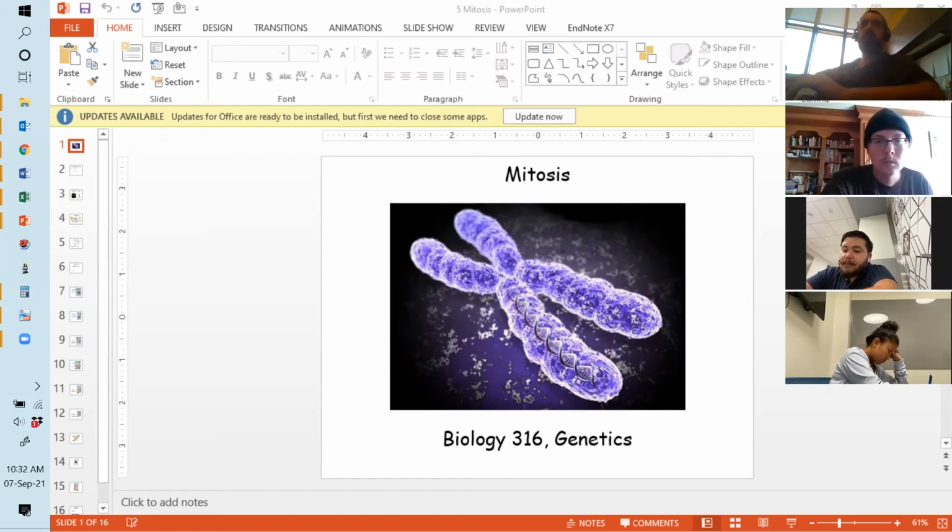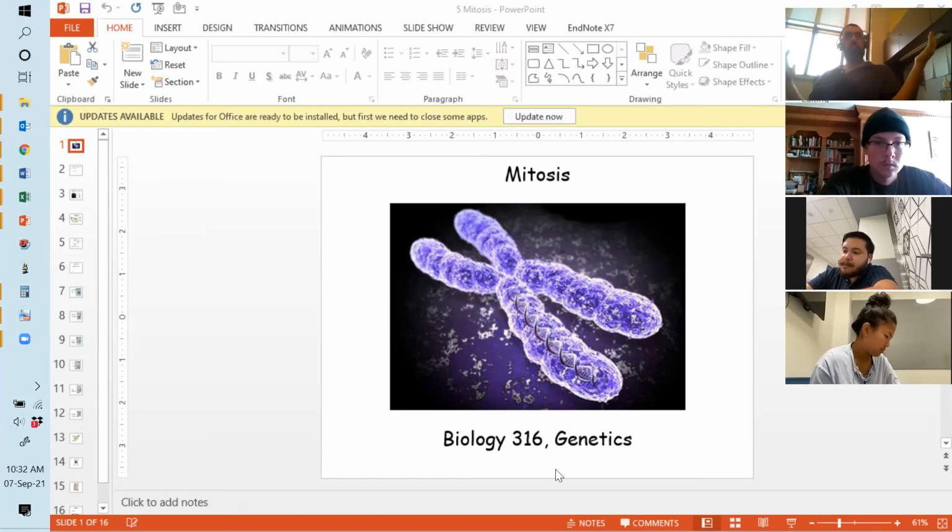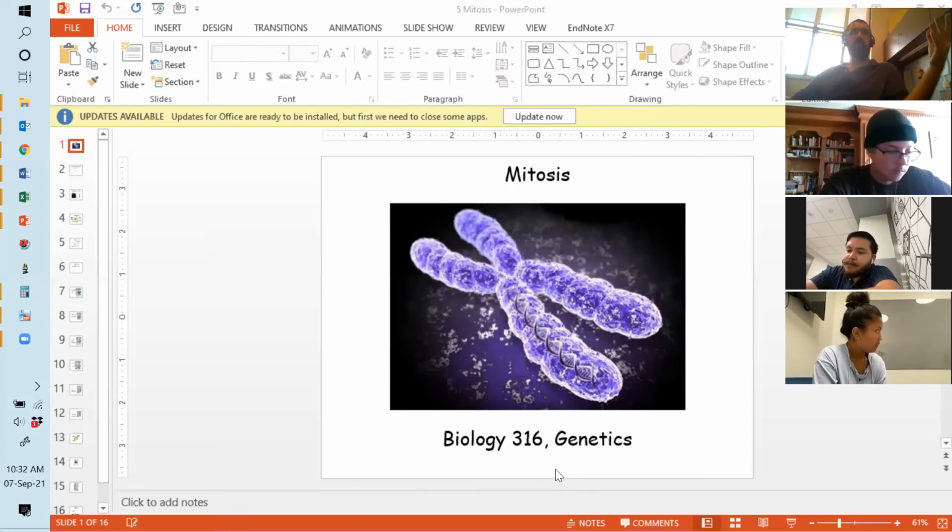So there's a little bit of ambiguity in terms of how we talk about this stuff, which you need to be comfortable with and aware of, because we just slip into that because it's obviously easier to say than this. Technically, cell division is both mitosis and meiosis. It's the process by which one cell divides into two cells. Mitosis is the cell division that results in two identical diploid daughter cells.